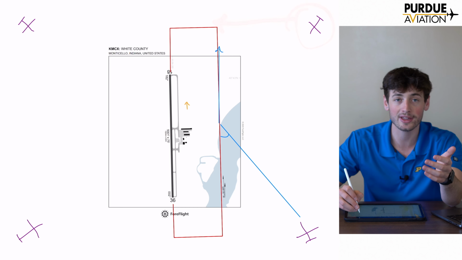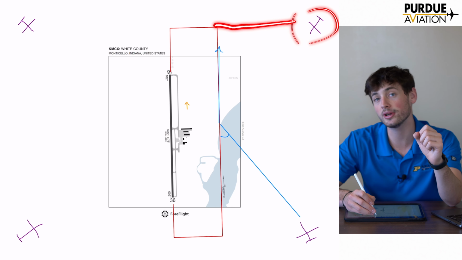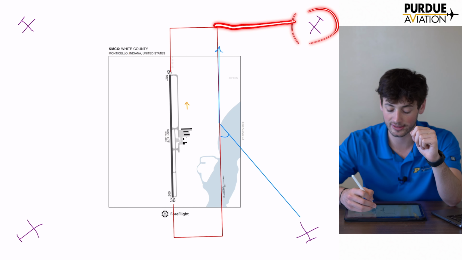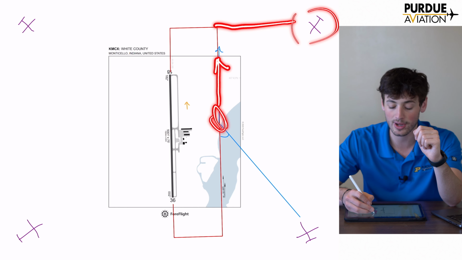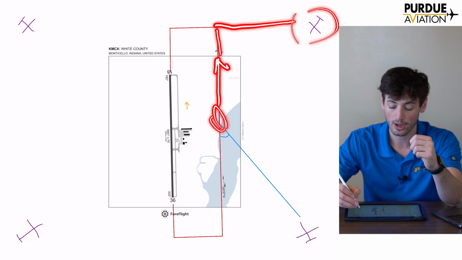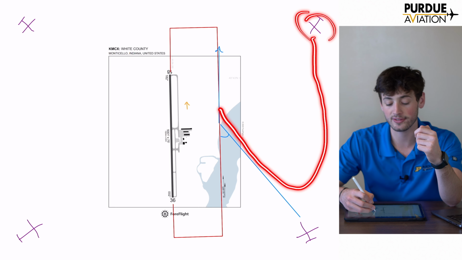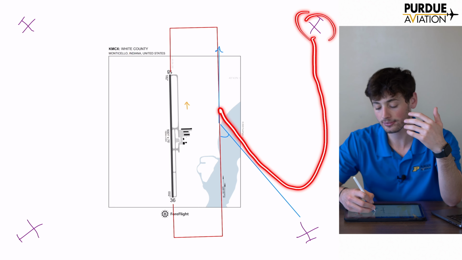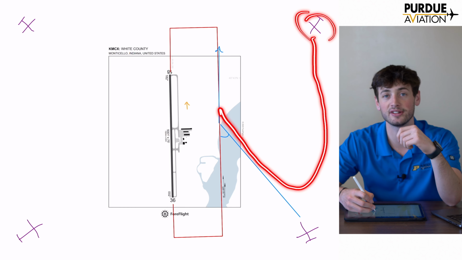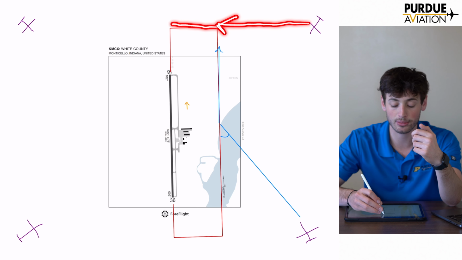And so if you enter straight in to left base, it is at your own risk and you're putting it at the risk of others, because if there's someone in the pattern coming this way, you'll put yourself on a collision course. So it's best advised to go ahead and enter the left pattern this way. But under the very rare circumstances that it's an empty pattern, entering direct left base is an acceptable way to enter the left traffic pattern.